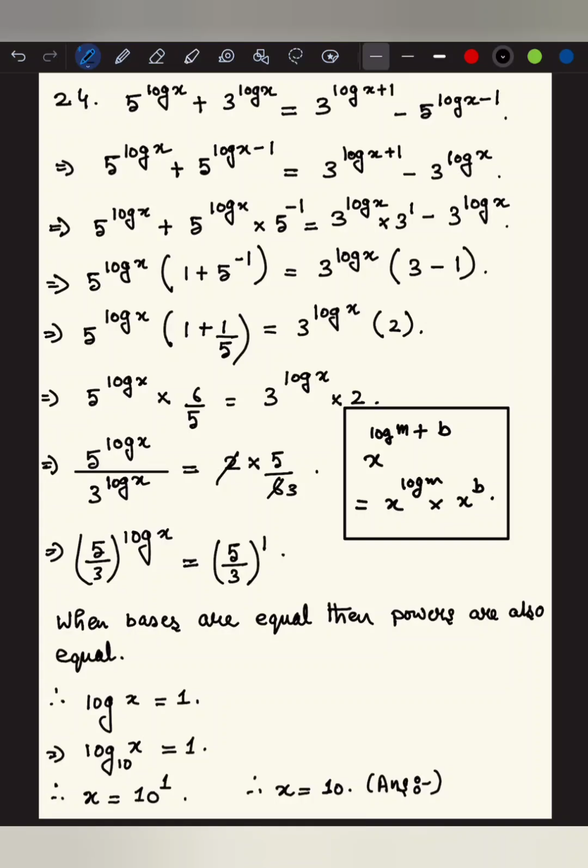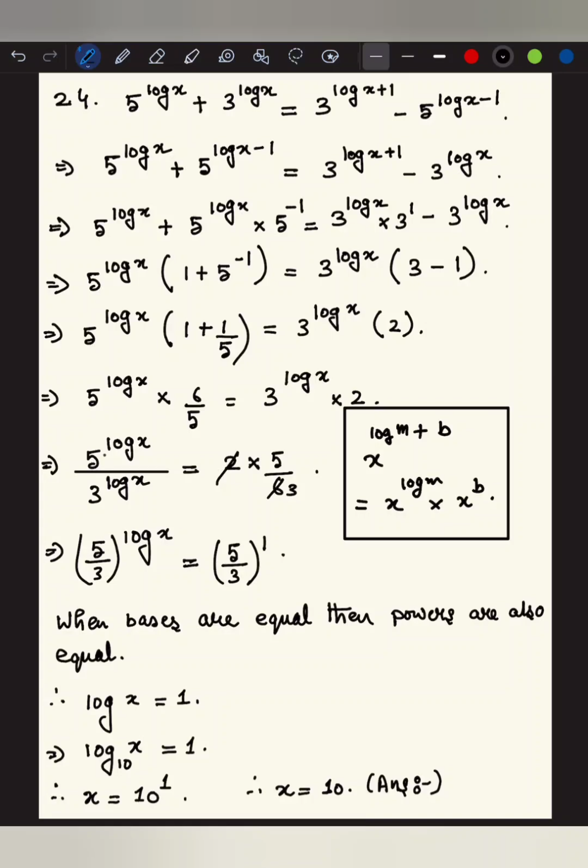So 5 to the power log x whole divided by 3 to the power log x equals 2 into 6 by 5 going to the other side as 5 by 6, because here it is multiplied, so when it goes to the right hand side, it will be the reciprocal. Got it? So it will be 2 into 5 by 6. This 2 and 6 get simplified as 3. So it becomes 5 by 3.